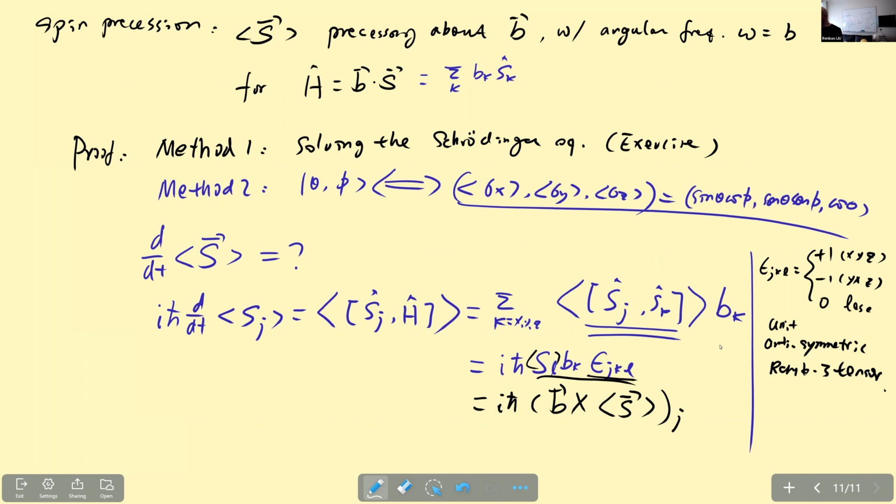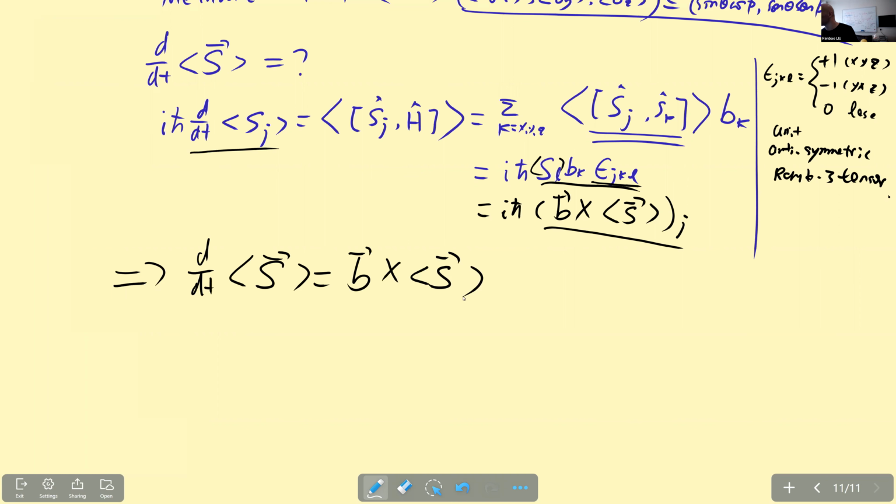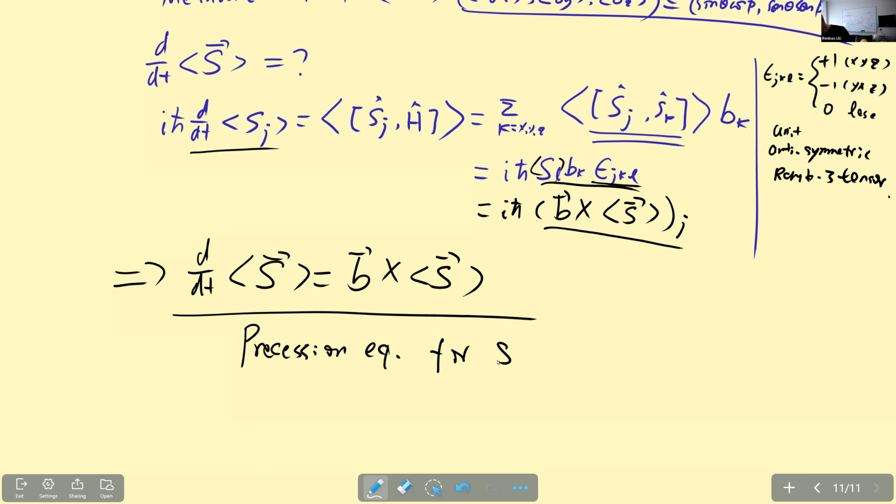So with all of this, you compare this side and this side, you get a result that d over dt of the average S just equals B cross S. So this is nothing but just the precession equation for S around B, right?